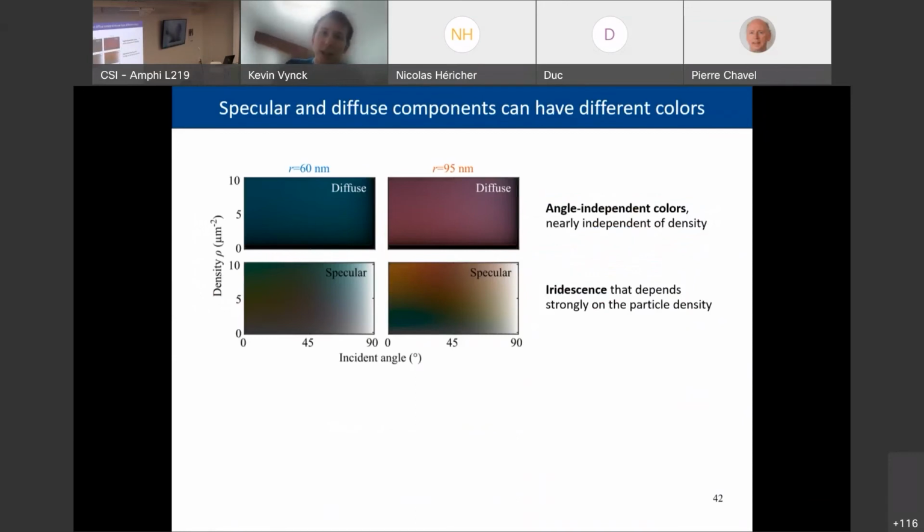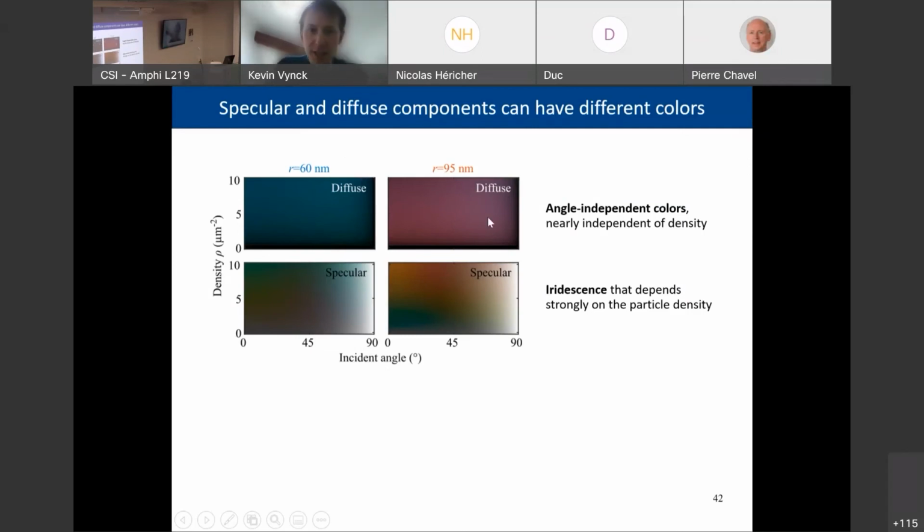So here we're looking at the colors that are created by spherical silicon particles of two different sizes, at different densities and different incident angles. On the top, you have the diffuse component, and you see that the color is always roughly the same for all incident angles and all densities. So the driving parameter here is really the size of the particle, which creates a different spectrum and a different color.